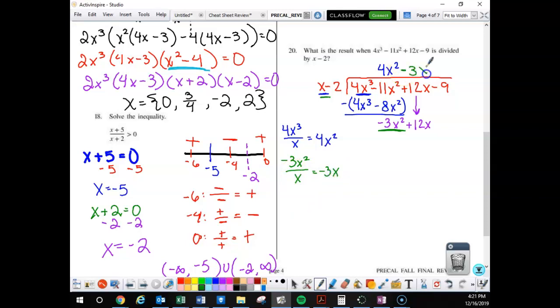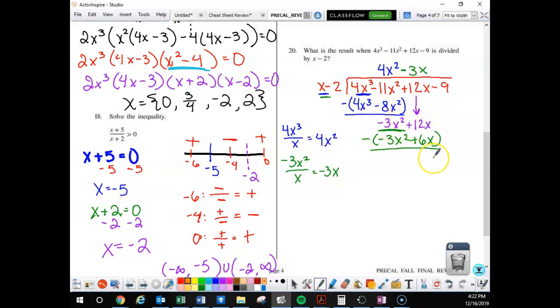So negative 3x times x would be negative 3x squared. Negative 3x times negative 2 would be positive 6x, and I'm subtracting all of this. Alright, now negative 3 minus negative 3, so this turns into a positive, so that cancels out.